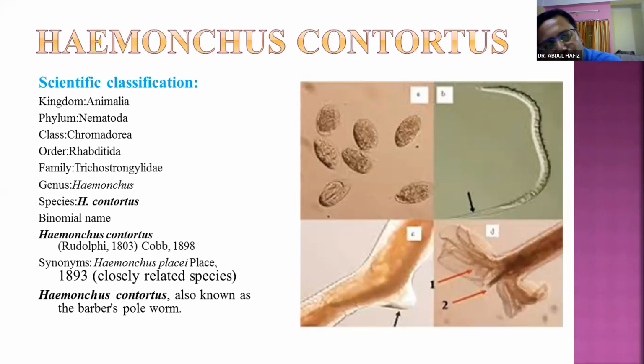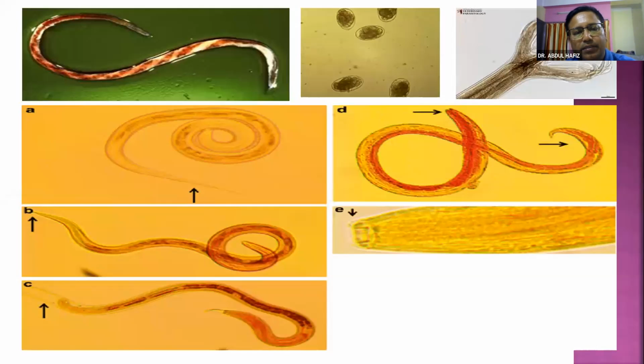And Haemonchus contortus is also known as Barber's pole worm. On seeing the Haemonchus parasite, we can easily identify which one is male and which one is female. These are the male parasites.